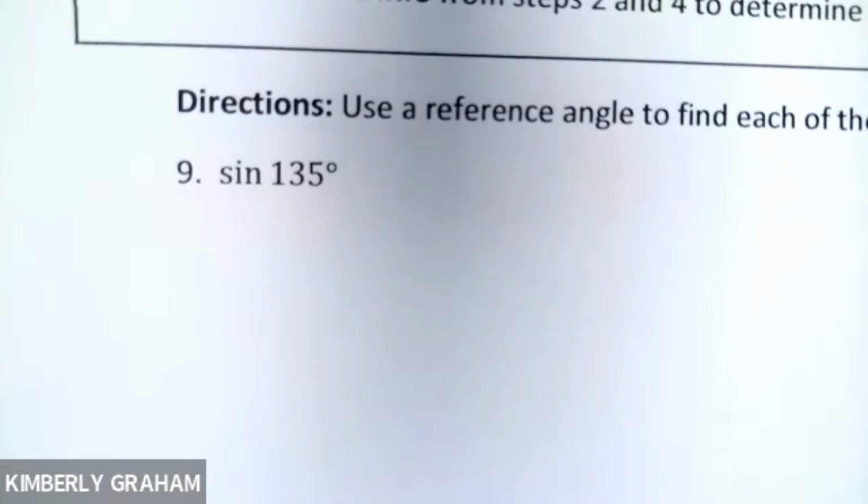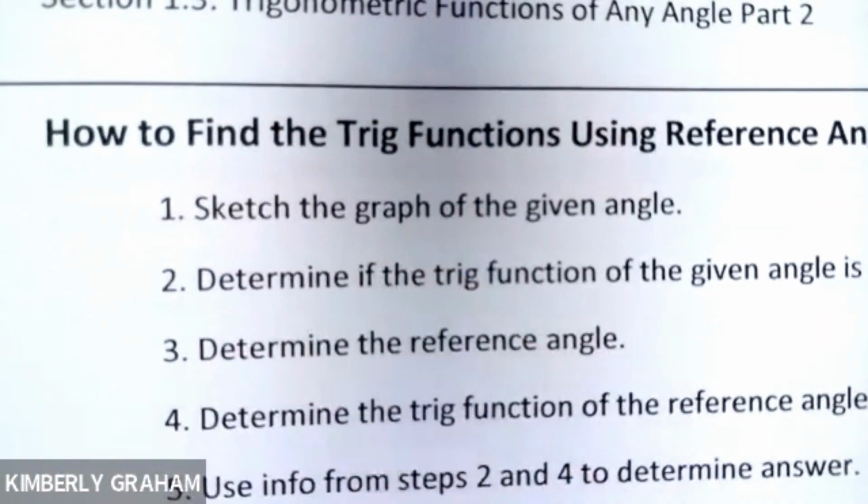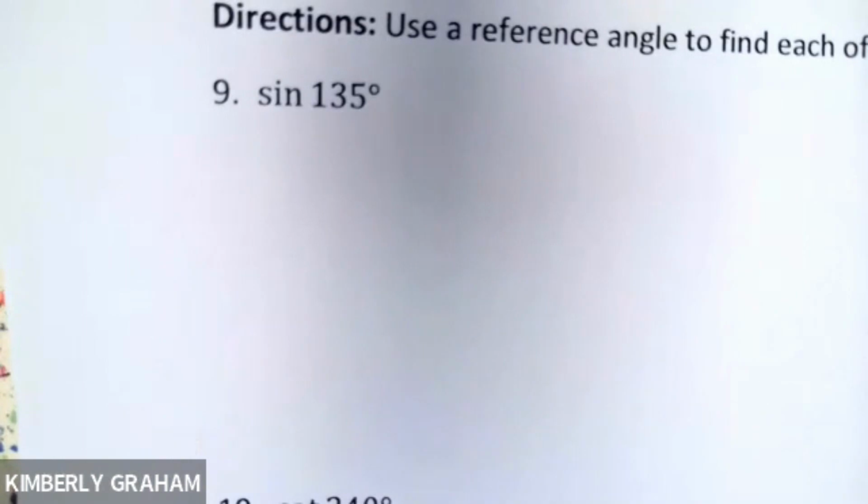And I'm going to follow these steps up here in order to do these problems. Now, you're going to have to know how to do this without a calculator on this test. So I know it's very tempting to want to stick these in the calculator on your homework, but if you keep doing that on your homework, then it's going to come back to bite you on your test. So be sure you know to do these without a calculator.